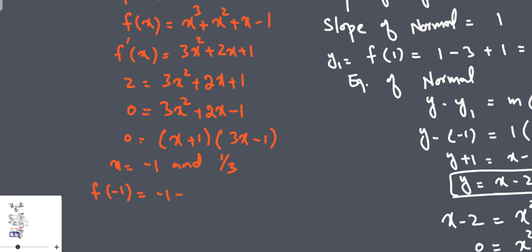Negative 1 cubed is negative 1, plus 1, negative 1, negative 1.